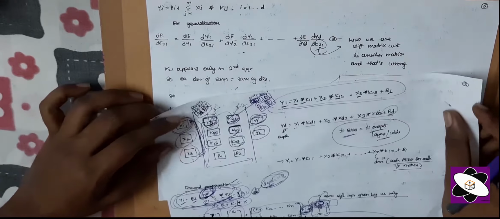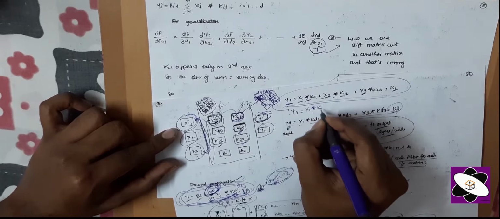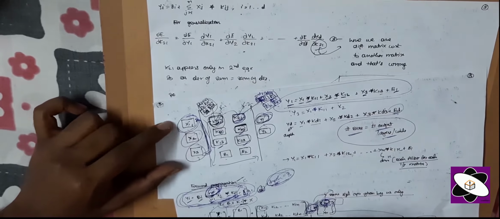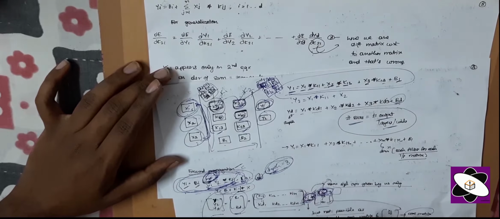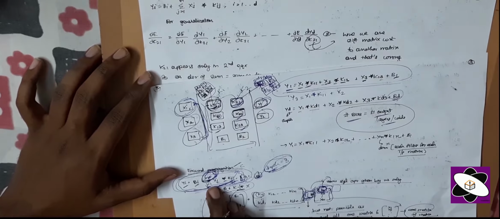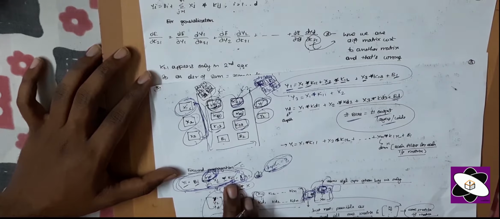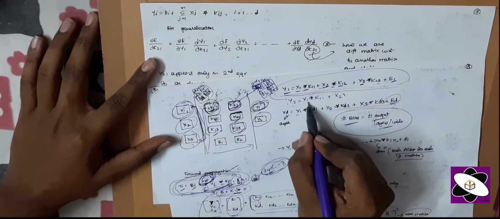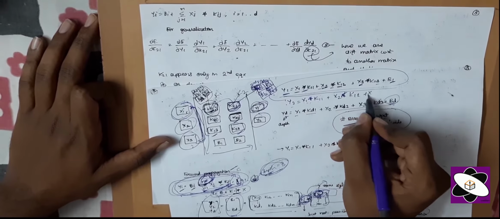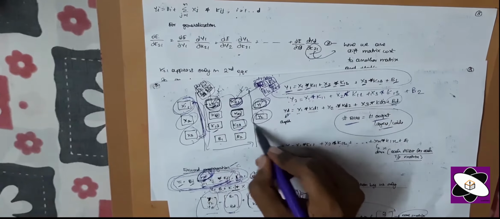If we expand this, for example y2 is x1 convoluted with k11 plus x2 convoluted with k12 plus x3 convoluted with k13, plus adding bias 2, and we get the whole matrix.